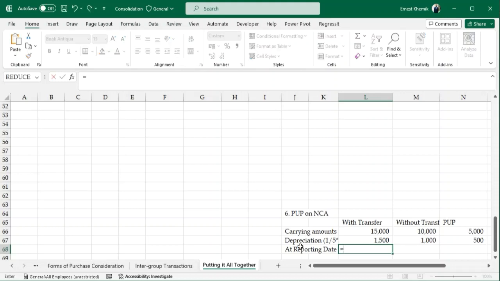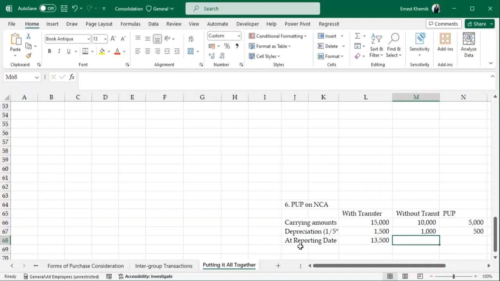This is going to be equal to the 15,000 minus depreciation amount. This will be equal to the 10,000 minus the depreciation amount. And then the difference is going to be equal to this minus this, and that will give me 4,500. So this is what we have here.